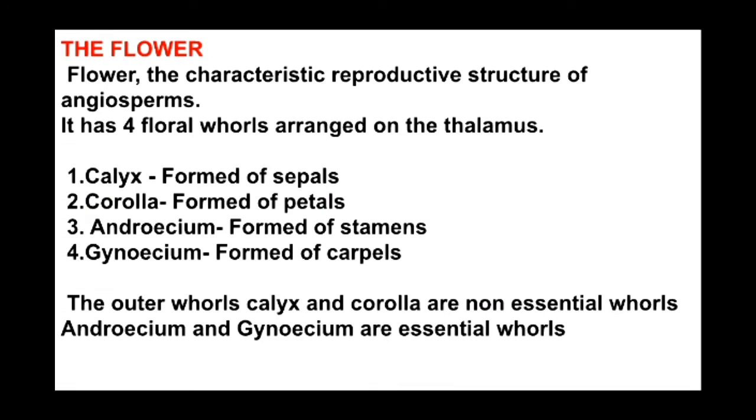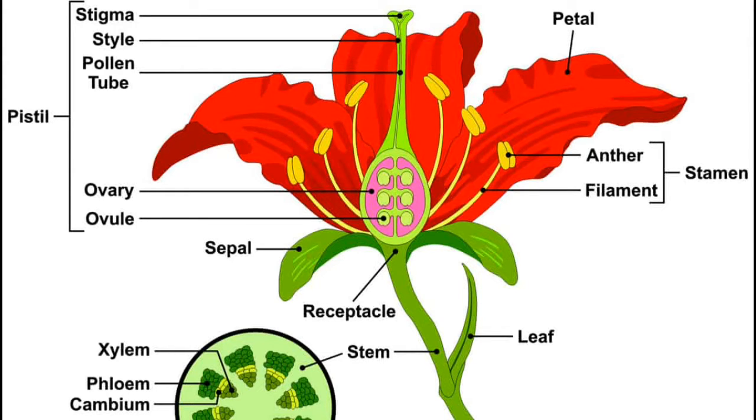The next part of the plant that we are going to discuss is the flower. Flower is a characteristic reproductive structure of the angiosperm. The flower has 4 whorls. These 4 whorls are arranged on the thalamus.